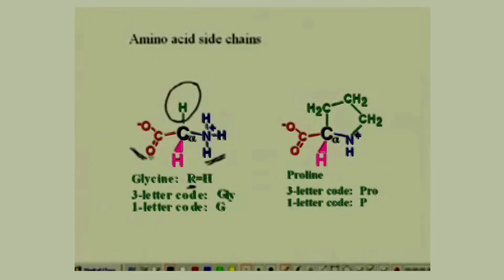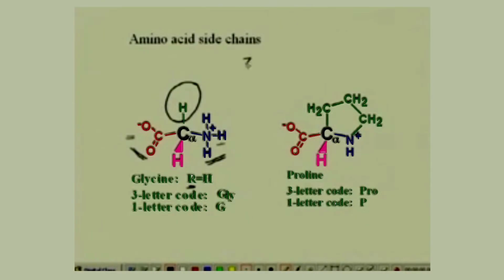This is because at physiological pH, this OH is lost due to the pKa value of the carboxylic group, which we will be doing in a subsequent class, and this amino group is protonated, which means that it has an additional hydrogen atom to it, making this nitrogen positively charged. This is what is called the zwitterionic form of the amino acid.